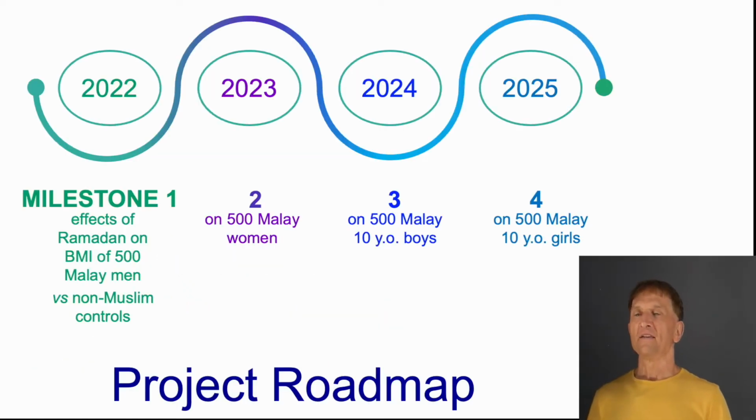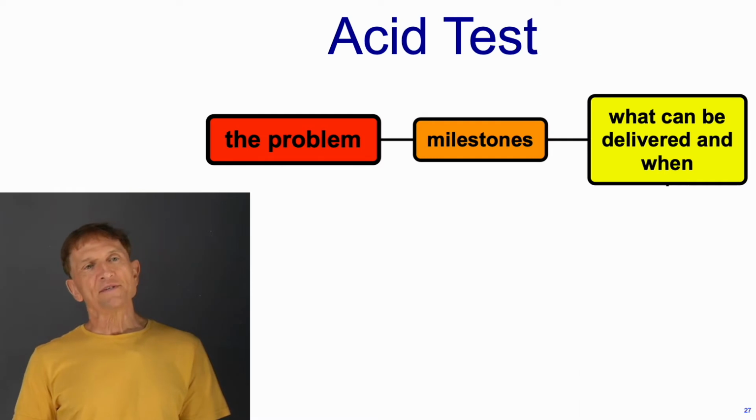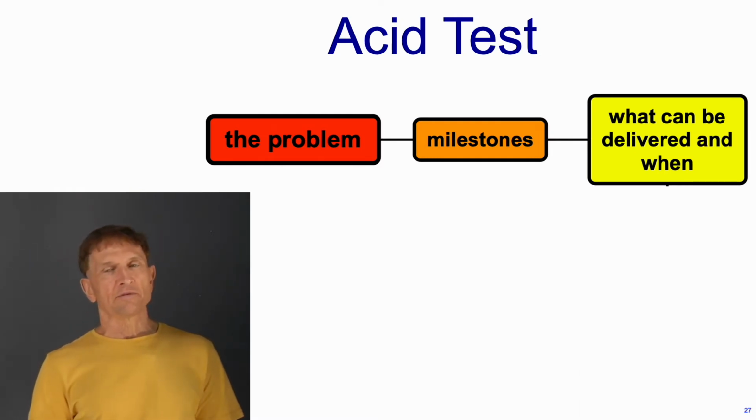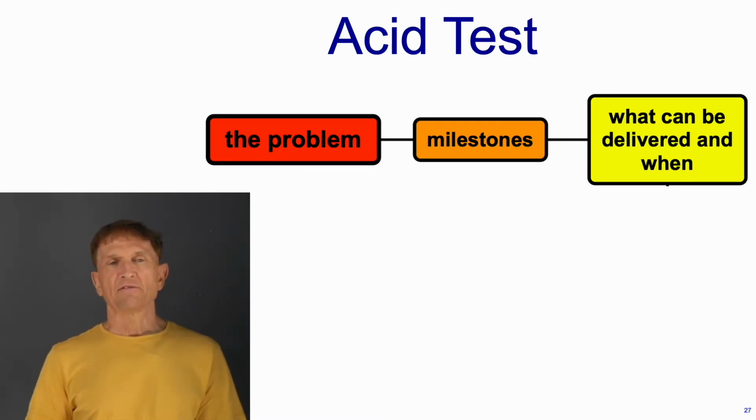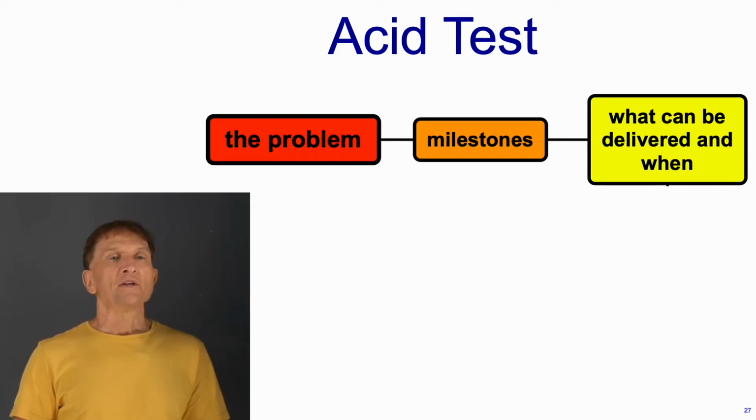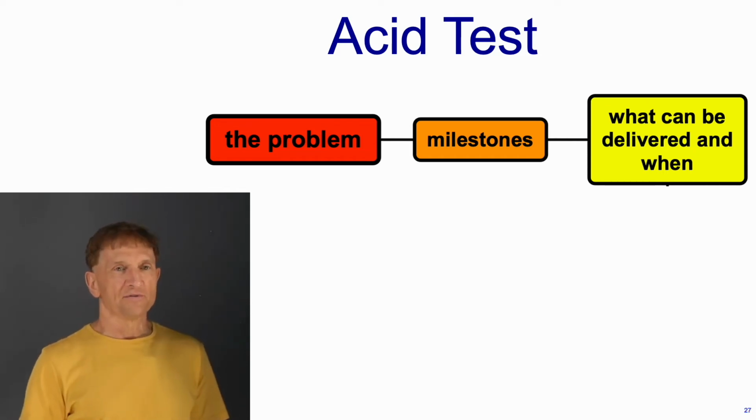Incidentally, this here is made from a template in Microsoft PowerPoint, Microsoft Office. So it's convenient to put together quite attractive diagrams using those. If we skip consideration of the hypothesis and devising methods, there's a direct relationship between the problems and the milestones.